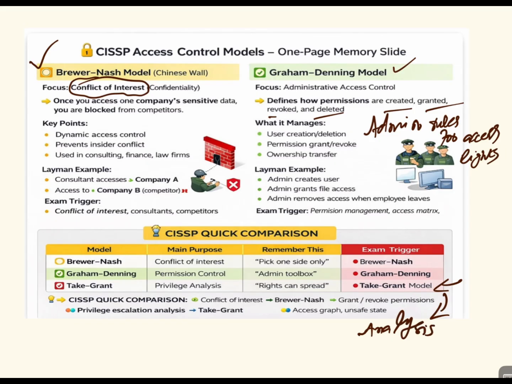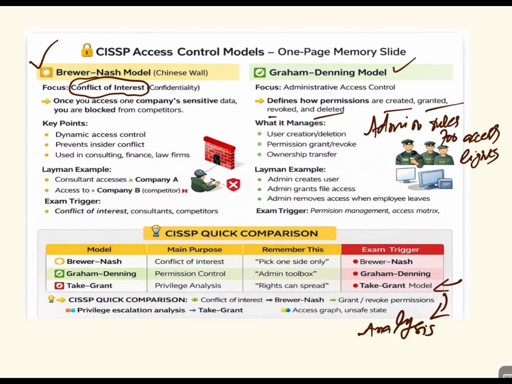So it is used to create a map. For example, imagine access as a map: users and files are dots, permissions are arrows. Some arrows allow take, steal permission, grant, give permission, right?